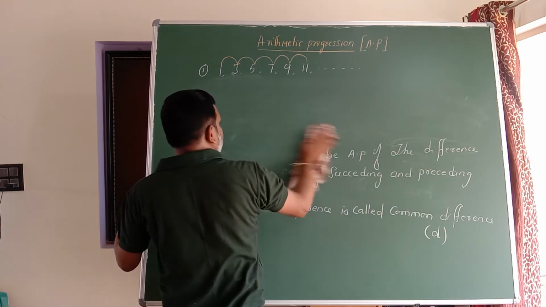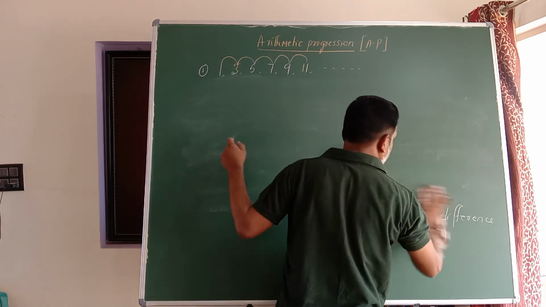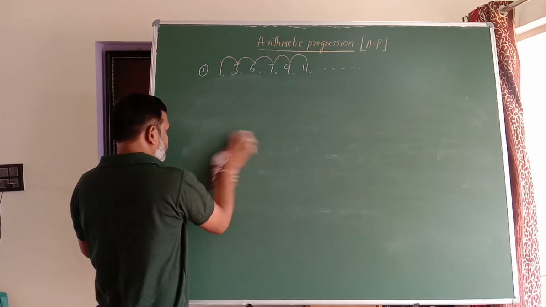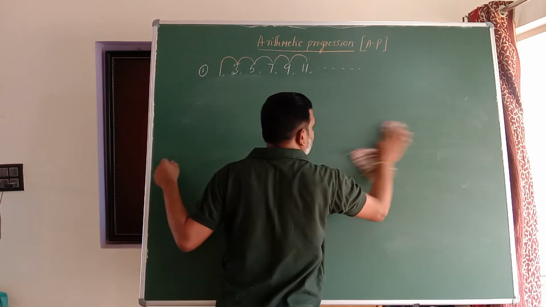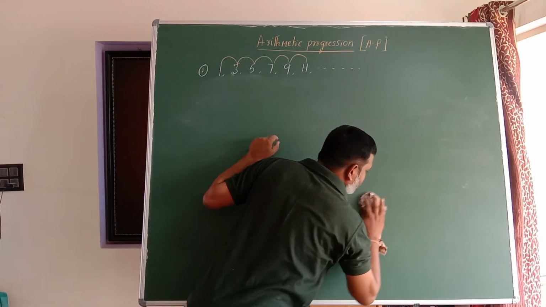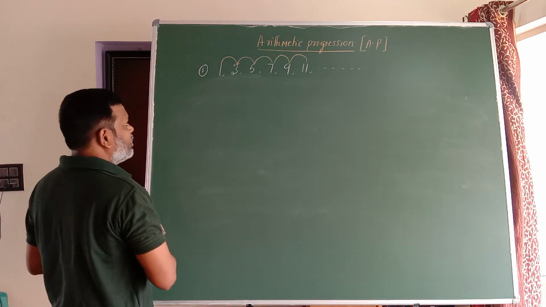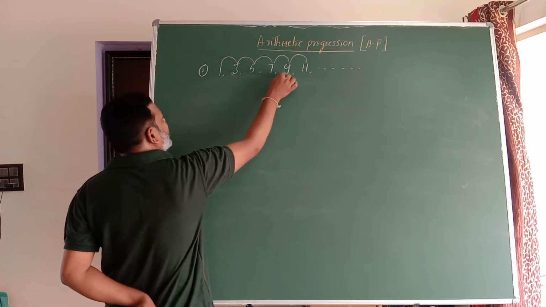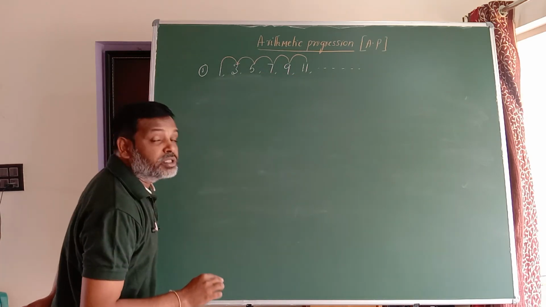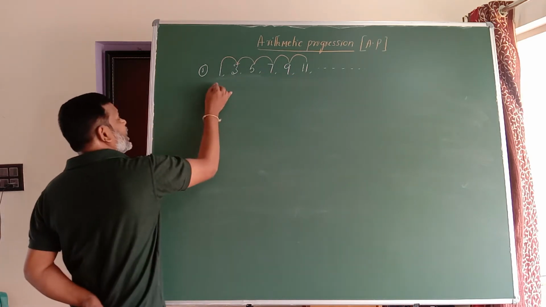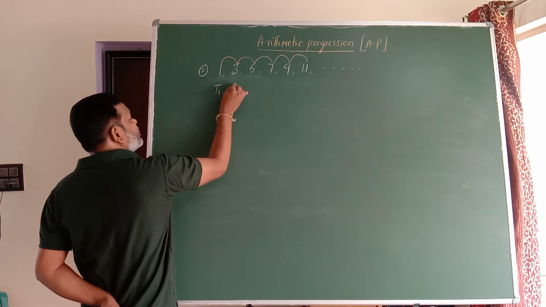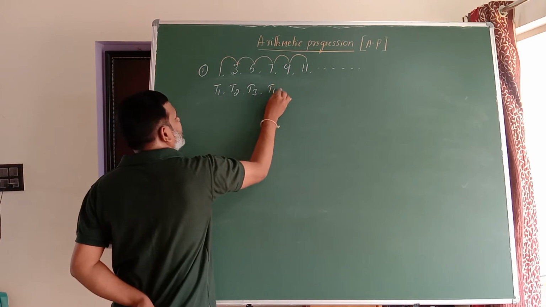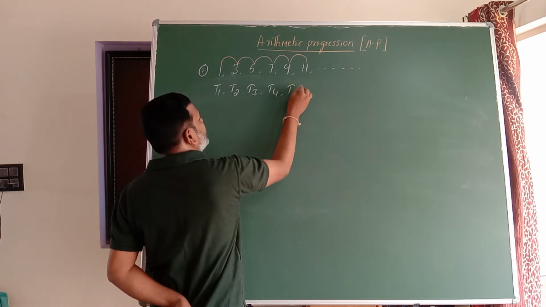Okay. Now just have a look on this. Instead of A1, A2, A3, A4, A5, A6, we can use the word T1, T2. T1 is the first term, T2 is the second term, T3 is the third term, T4 is the fourth term, T5 is the fifth term.